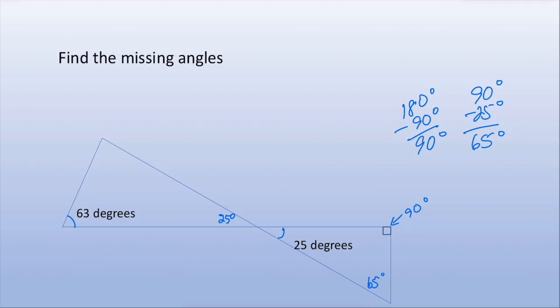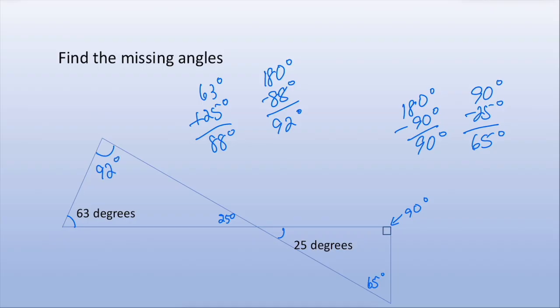Now, if we use a similar idea, we have two angles in a triangle. To find the missing third, we can always use the 180 rule. So we already have 63 and 25. We already have 88 degrees. So 180 minus 88 is 92 degrees. So this one right here has to be 92 degrees.